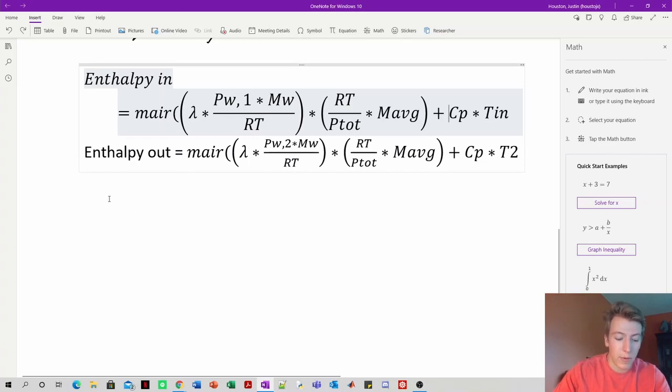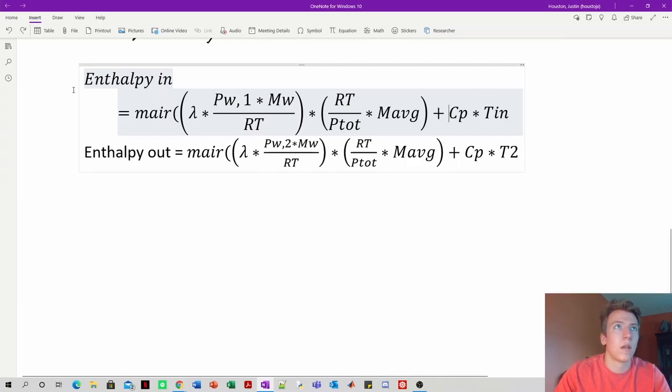So anyways, now that we have that, we can start canceling things out because we're going to set these two equations equal to each other. So what we're going to cancel out here is the mass flow rate, since it's on both sides. We can also cancel out the RTs, since they're in the numerator and denominator of each equation.